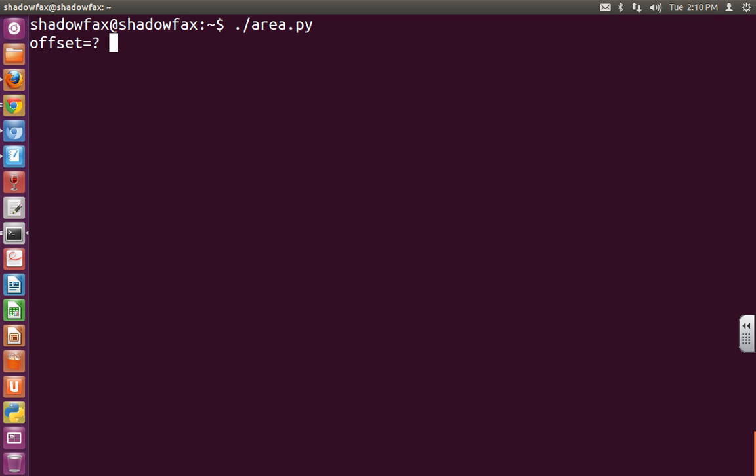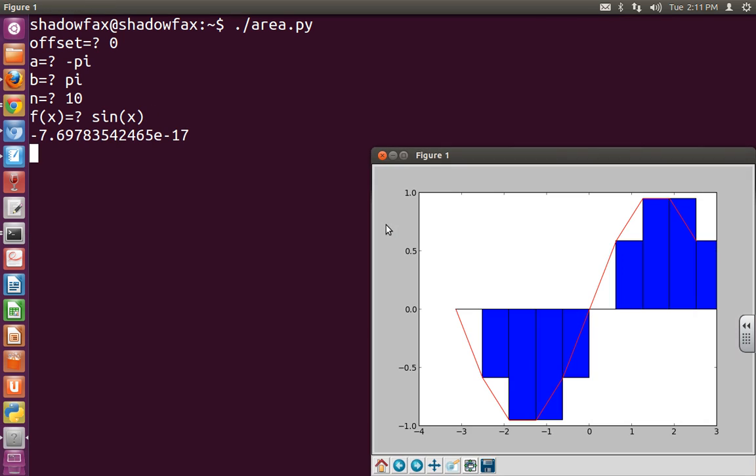How about, what if we do an offset of 0, and you go from negative pi to pi in 10, and make it sine? What just happened? It's doing a left sum under the sine curve.